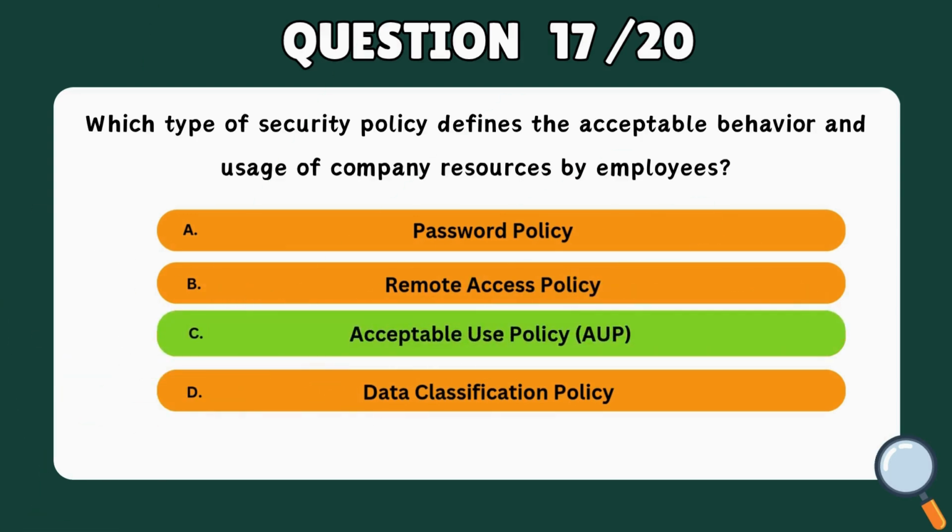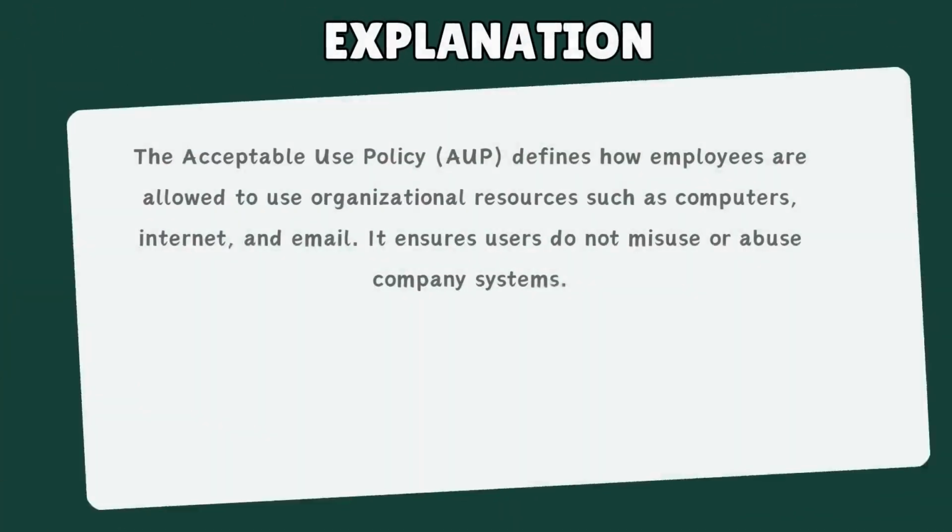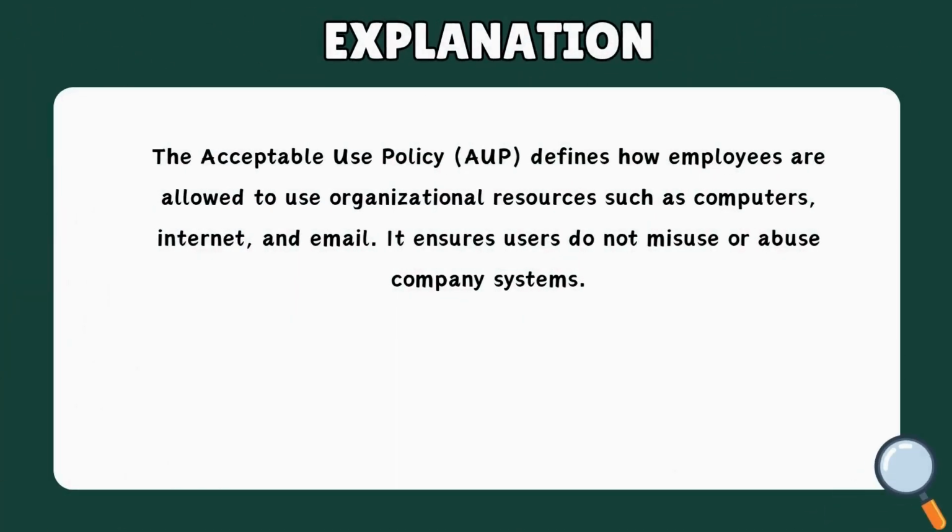Correct answer: C. Acceptable use policy. The Acceptable Use Policy, AUP, defines how employees are allowed to use organizational resources such as computers, internet, and email. It ensures users do not misuse or abuse company systems.